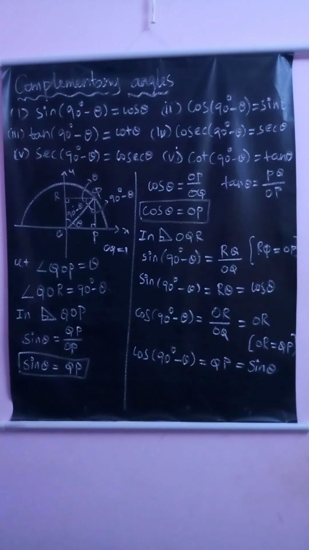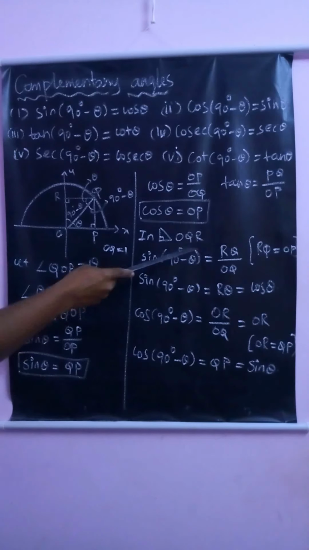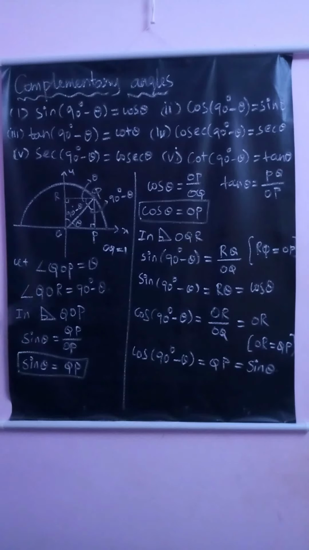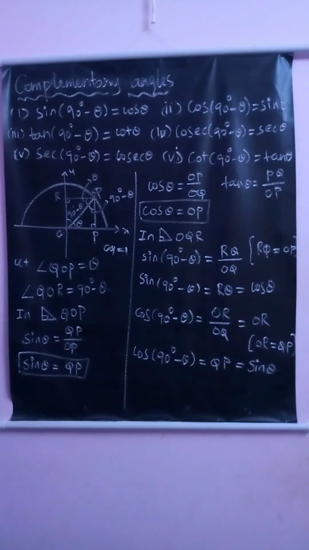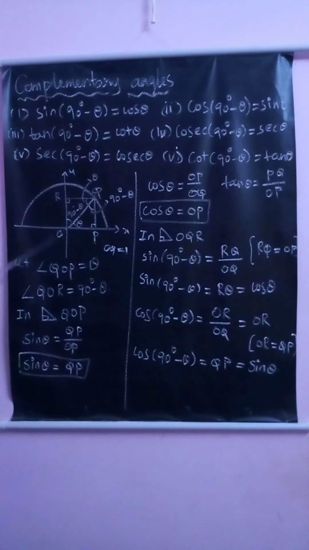Next, in right angle triangle OQR, we consider the angle 90 degree minus theta. Now sin of 90 degree minus theta: the side opposite to it is QR, the adjacent side is OR, and the hypotenuse is OQ.